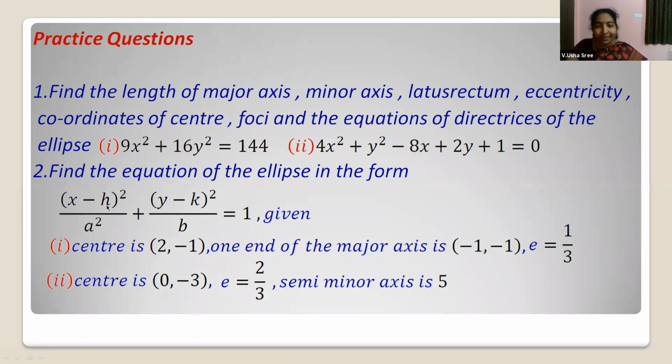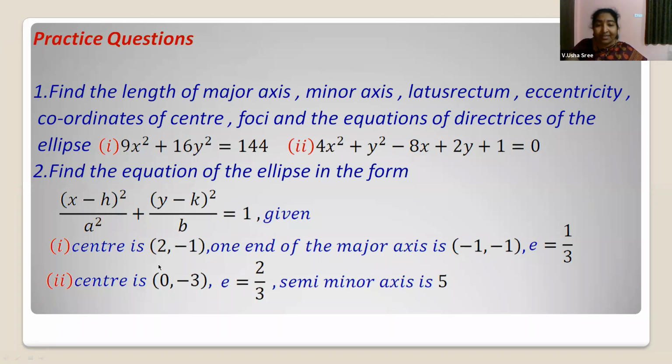Then the second question I'm leaving here is, find the equation of the ellipse in the form of x minus h whole square by a square plus y minus k whole square by b square equal to 1. That means the center is not 0, 0. It is something else, that is h, k. It is very clear from the question that the center is not 0, 0.